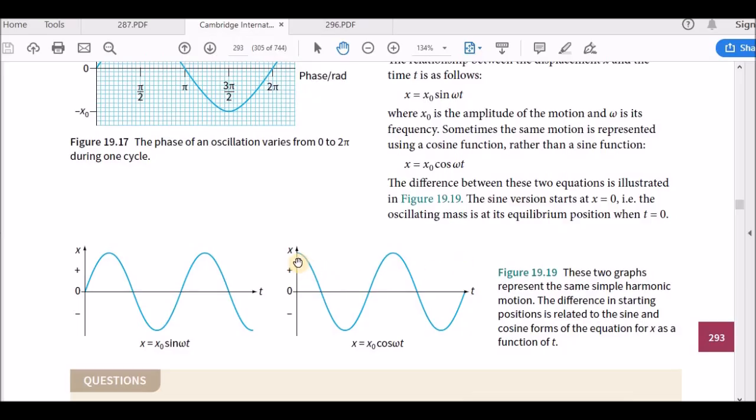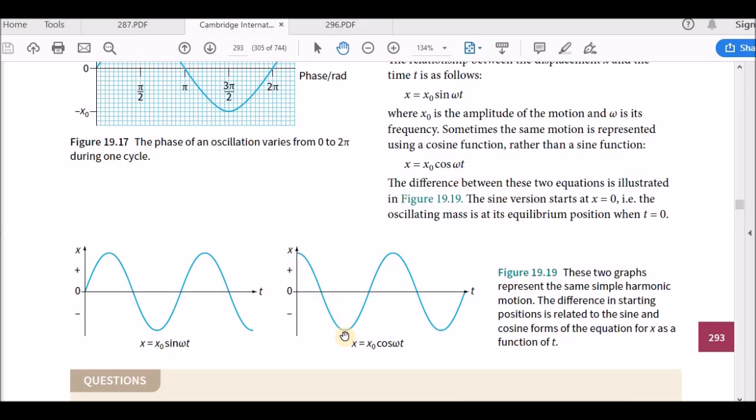So what happens is it moves to the left, so the positive displacement decreases. Now here it is at the equilibrium position, it still moves to the left and reaches the other extreme end, which is on the left side. From here to here the gradient is negative because the velocity is to the left.